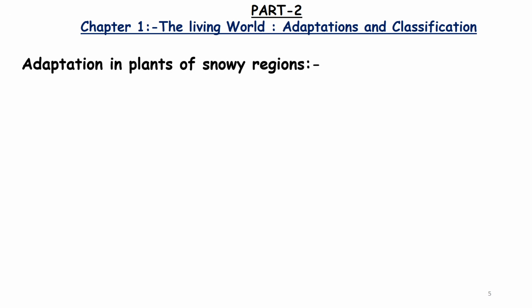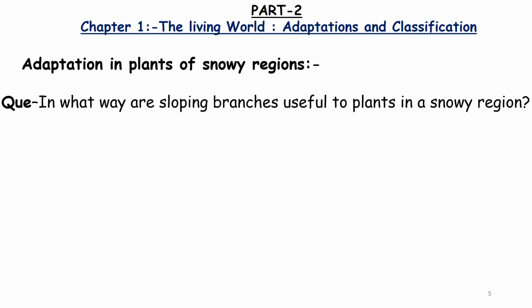Now we will see adaptations in plants of snowy regions. So here, in what way are sloping branches useful to plants in a snowy region? Why is the shape of the branches sloping?